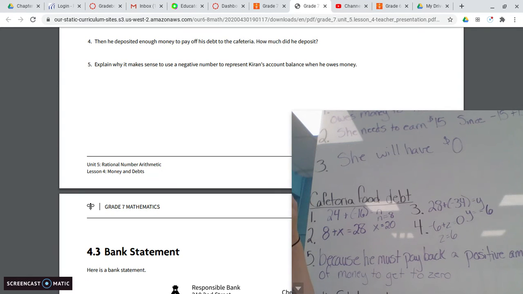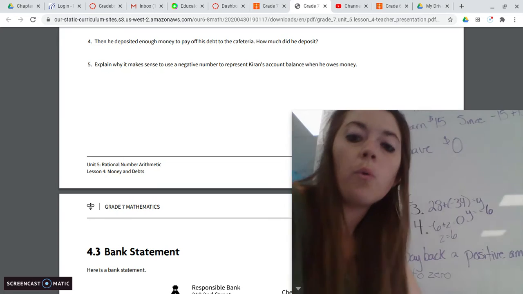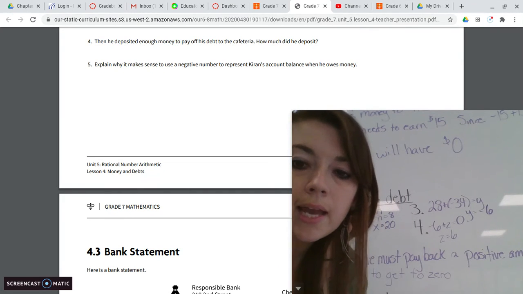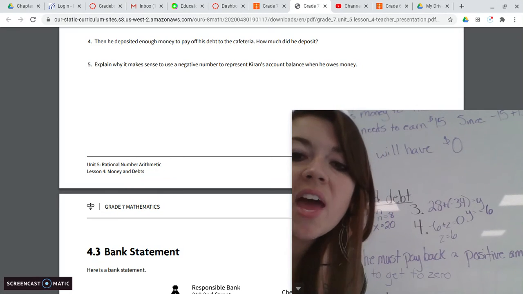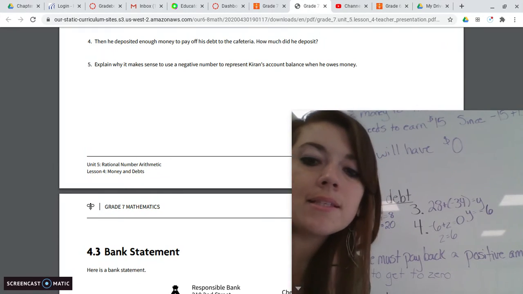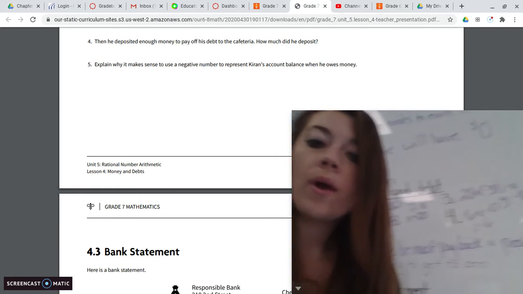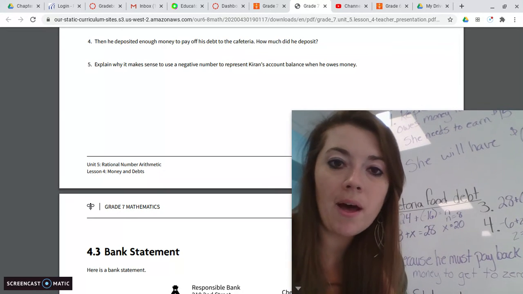So it makes sense to use the negative because it's lower than that break-even point 0. It's lower than not owing anything or having something. So we use the negative to represent that he owes it. That means that he's below even. He's below it being okay with the amount of money he has. So it's something he has to pay back a positive amount.